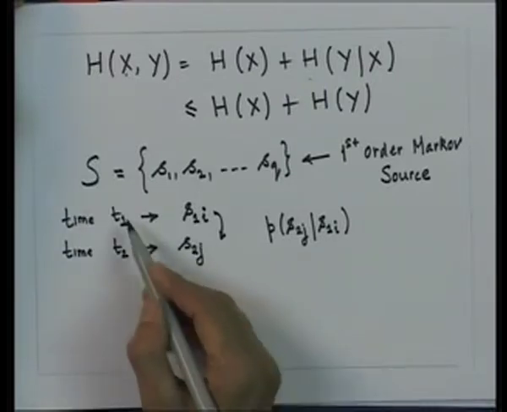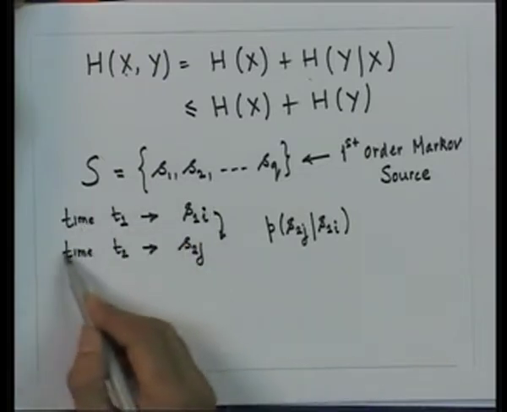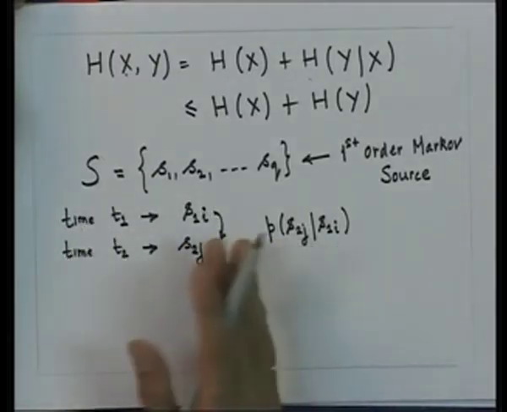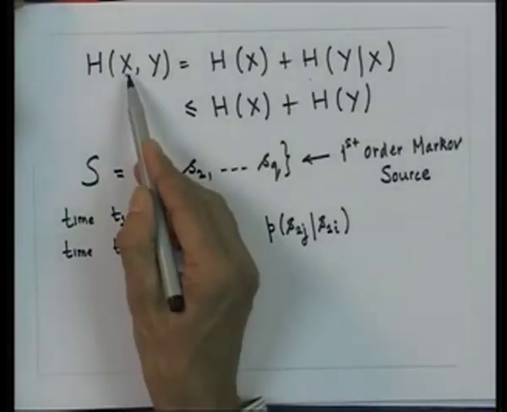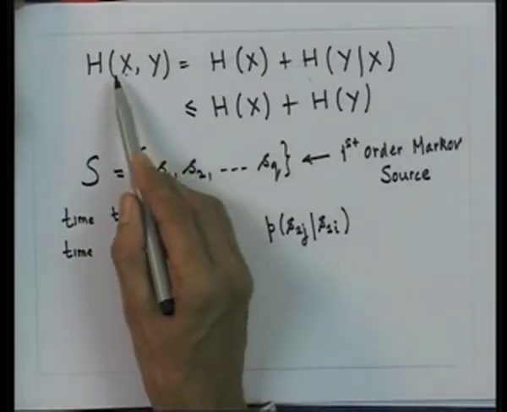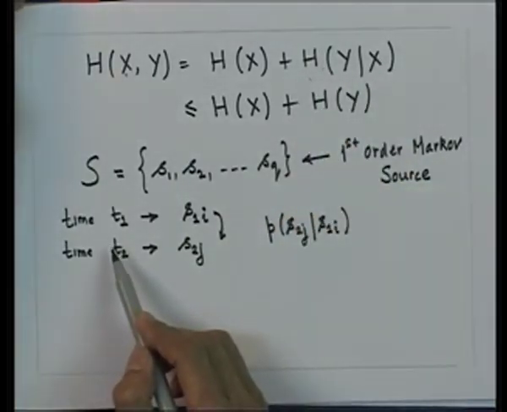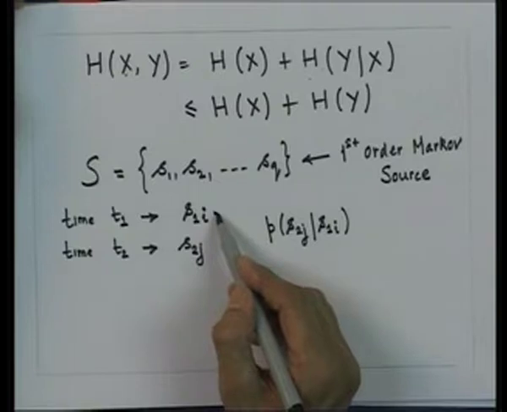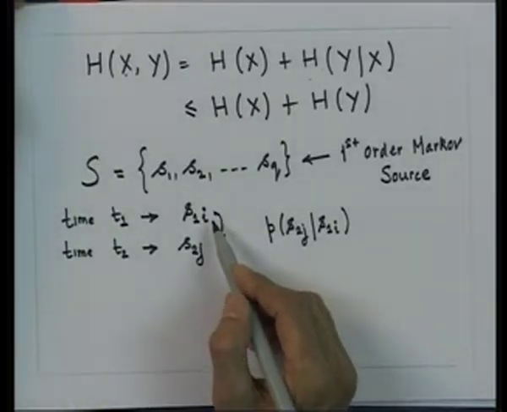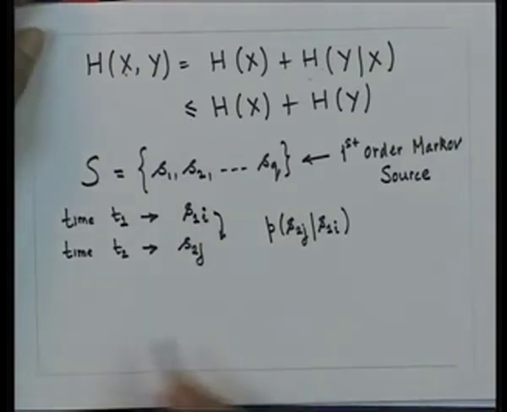Now, considering time instant T1 and time instant T2 as two different experiments which are related to x and y, similar to what we defined as h y given x, we can define the additional information which I get when I transit from S1I to S2J.